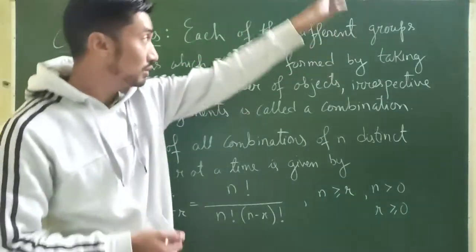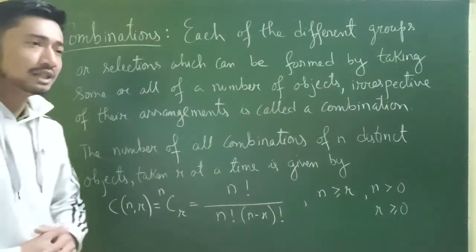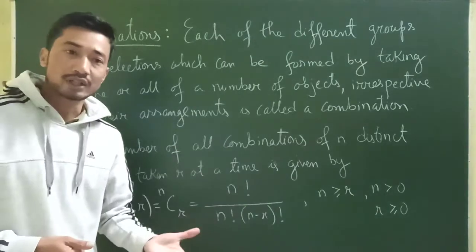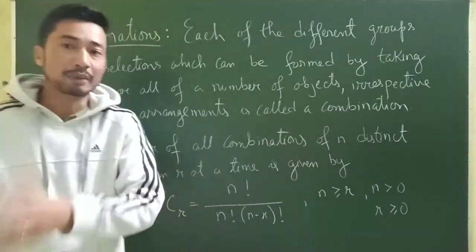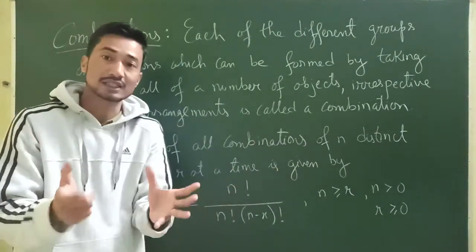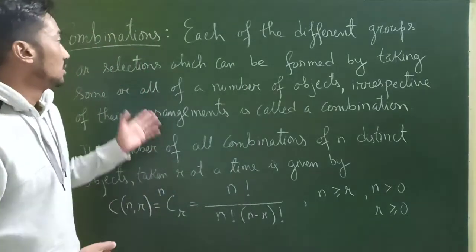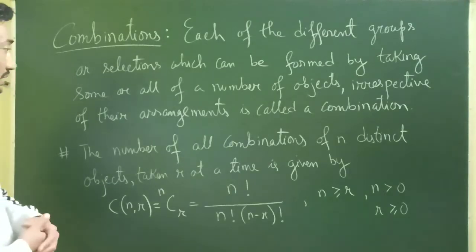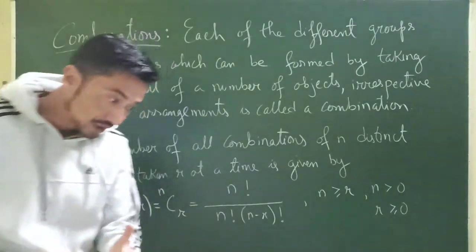Each of the different groups or selections, for example selection in the football team or selection in the school choir, is about selection. Whether you're selected in the beginning or in the last doesn't matter. You're still selected in the team, isn't it? A group which can be formed by taking some or all of a number of objects, irrespective of the arrangement, is called a combination.